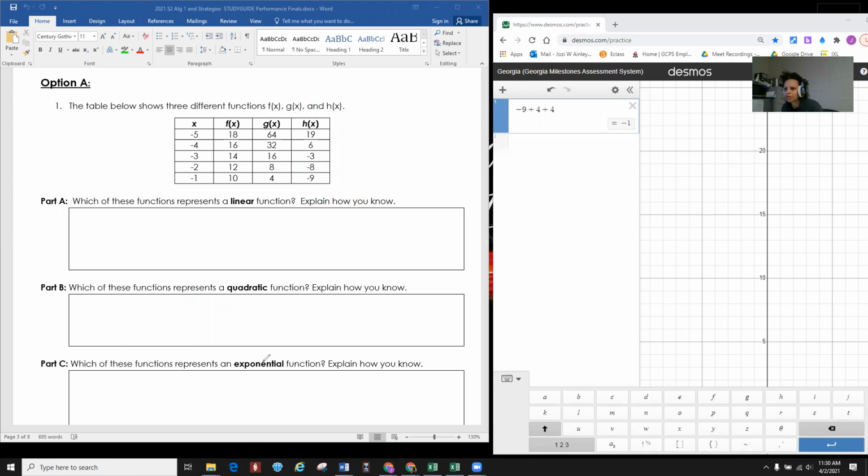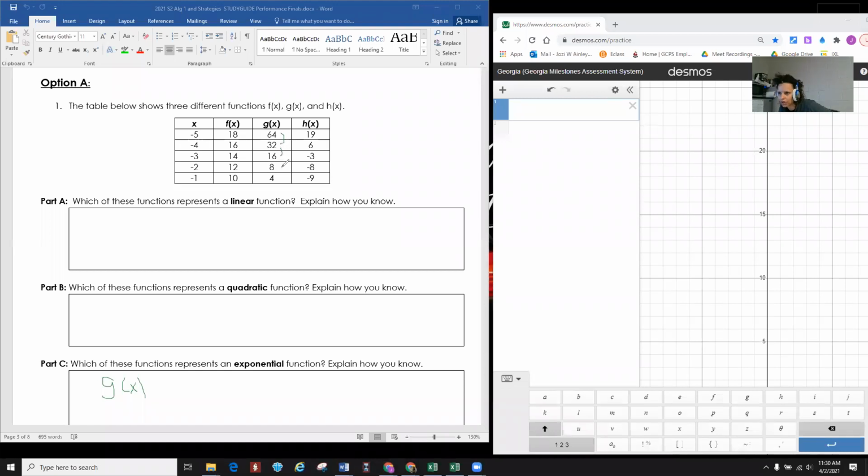All right, so exponential is multiplication, okay? What do you multiply to get to the next number? So to find out, g of x would be the answer, it's the only one left, right? And then you would do this work. So it's multiplication, so you do the second number divided by the first number. So 0.5. So what that is saying is I'm multiplying by 0.5 every time, it's exponential.